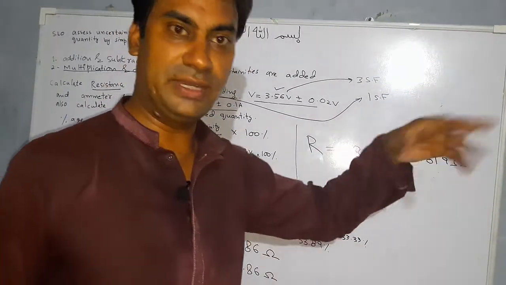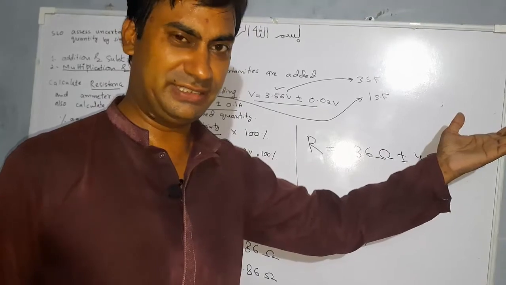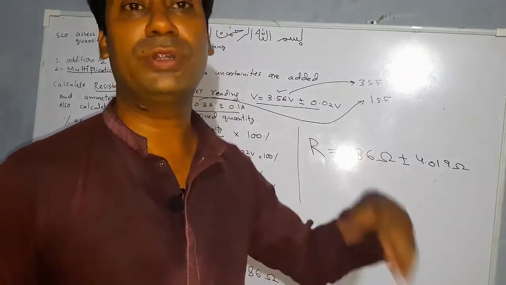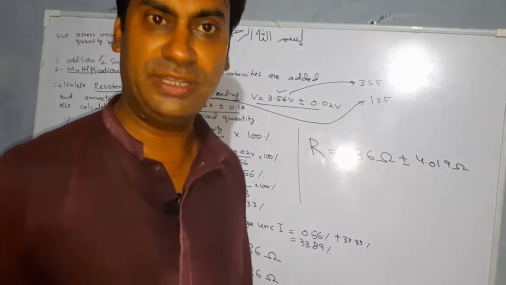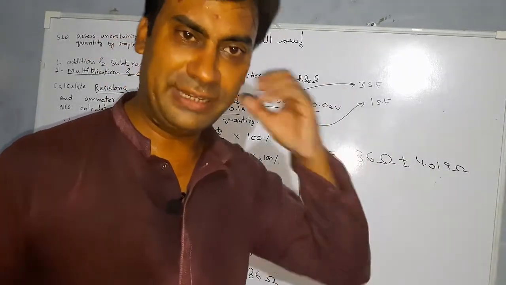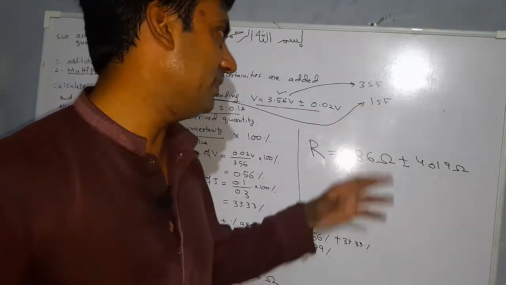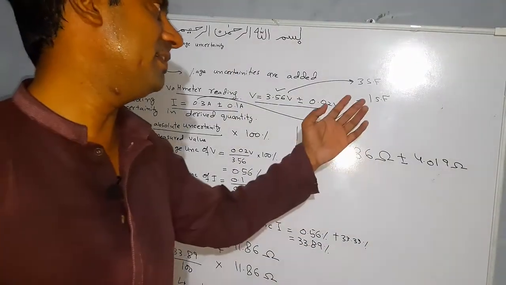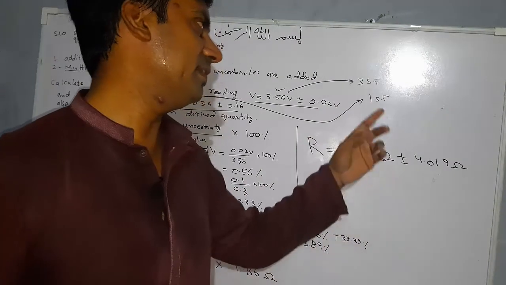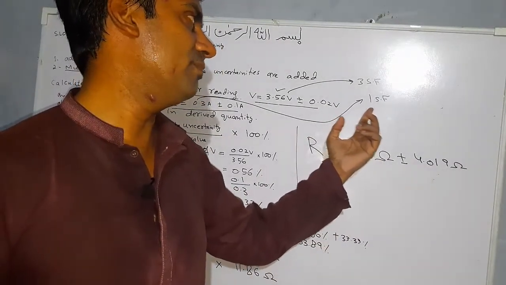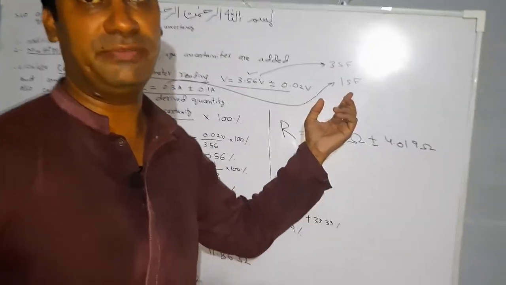Just like, if one piece of data has three significant figures and another has two significant figures, we will convert the final answer into two significant figures. And if the given data has three significant figures and one significant figure, instead of one we have to write two significant figures.